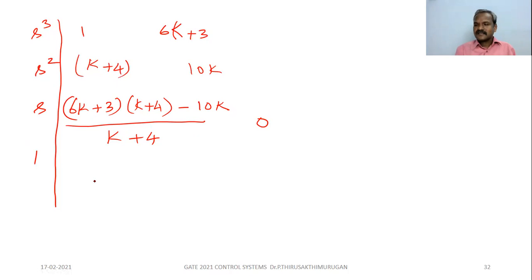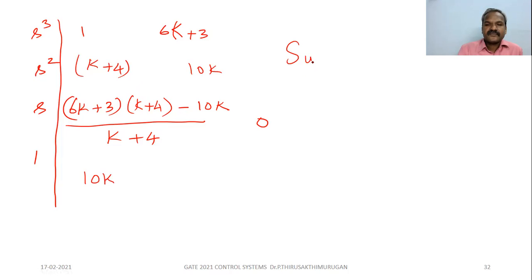So next is 0, 10k. So what do you get? We will be getting only 10k. Right? Understand? So what is the condition? This should be greater than 0.